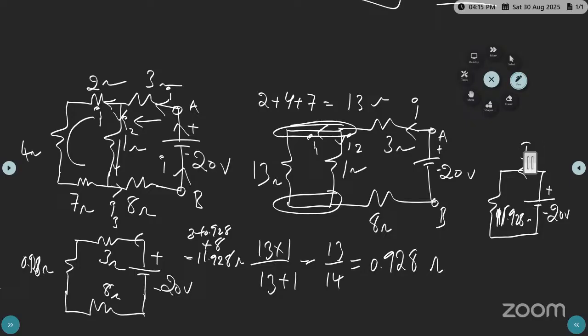I total is equal to the single voltage source 20 over the single resistance 11.928. How much? 1.676 amps. So this is the way of solving the problem when it consists of only a single voltage source.